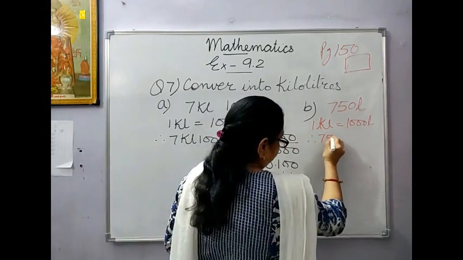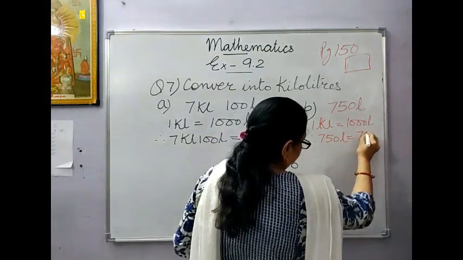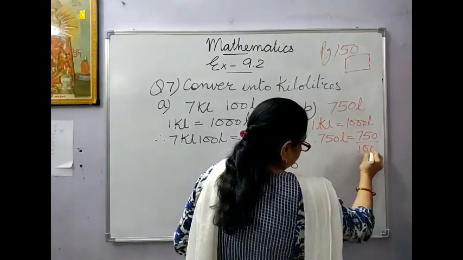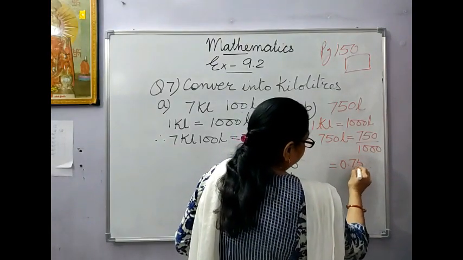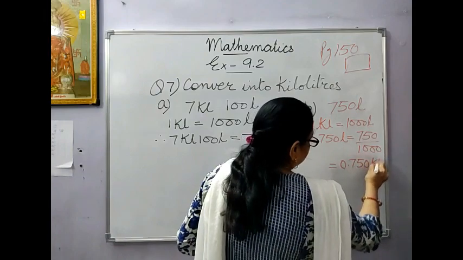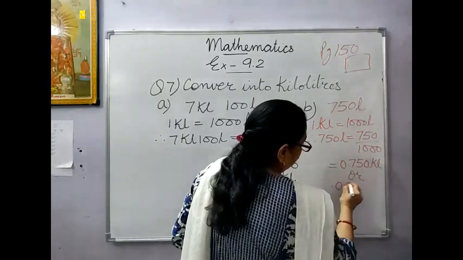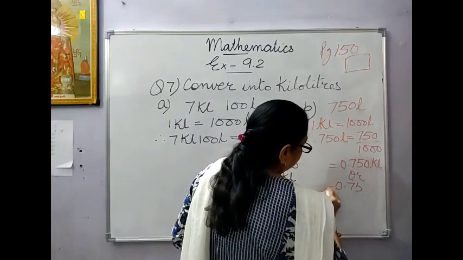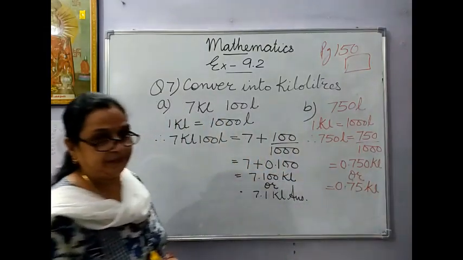Therefore 750 liter is equal to 750 upon 1000 is equal to 0.750 kiloliter or 0.75 kiloliter is safe.